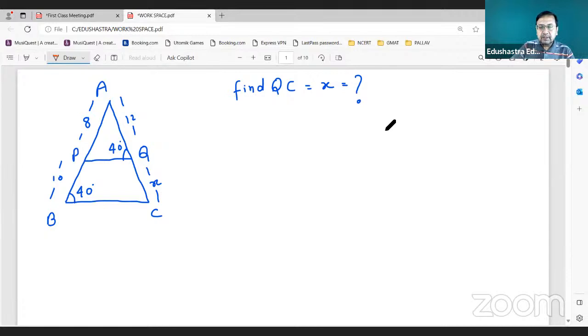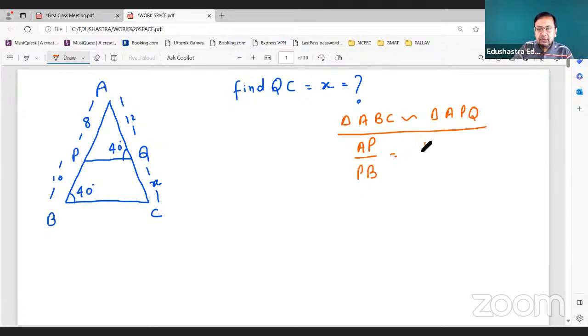we are solving this something like, triangle ABC is just similar to triangle APQ, right? We are taking AP divided by BP is equal to AQ divided by QC. Checking the values here.